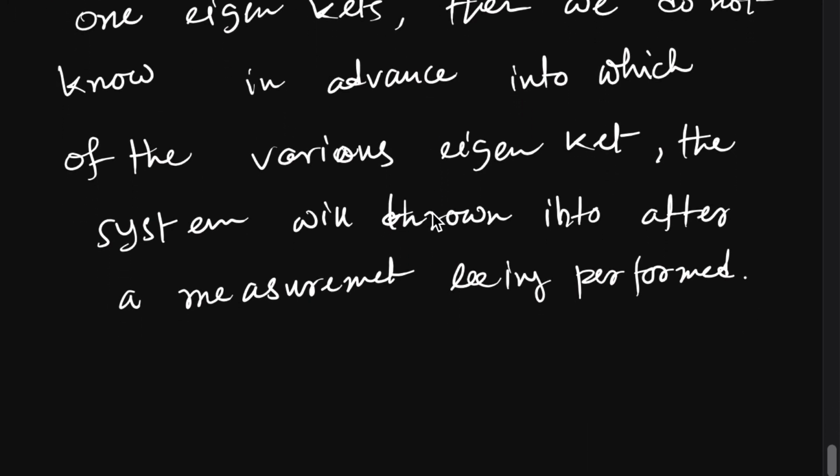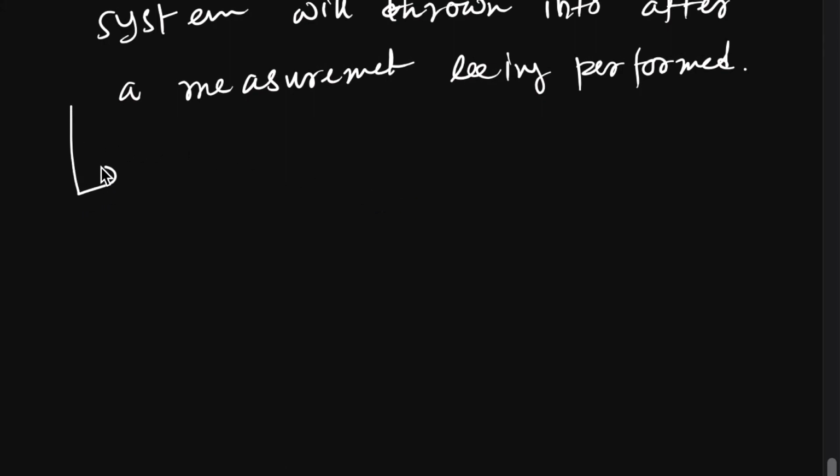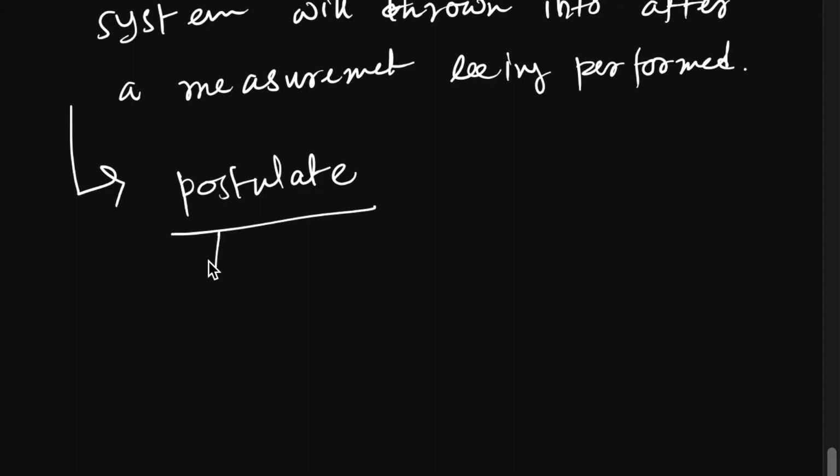So there is a postulate in quantum mechanics corresponding to the measurement of an observable. Now what is the postulate?